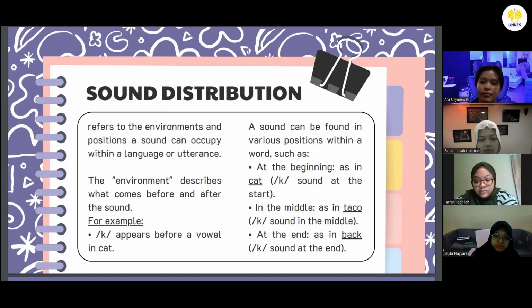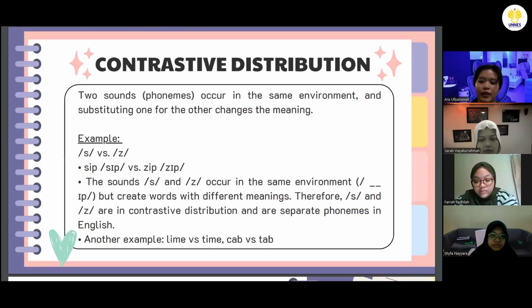Next, types of sound distribution. The first one is contrastive distribution. Two sounds or phonemes occur in the same environment, and substituting one for the other changes the meaning. For example, S versus Z, sip versus zip.